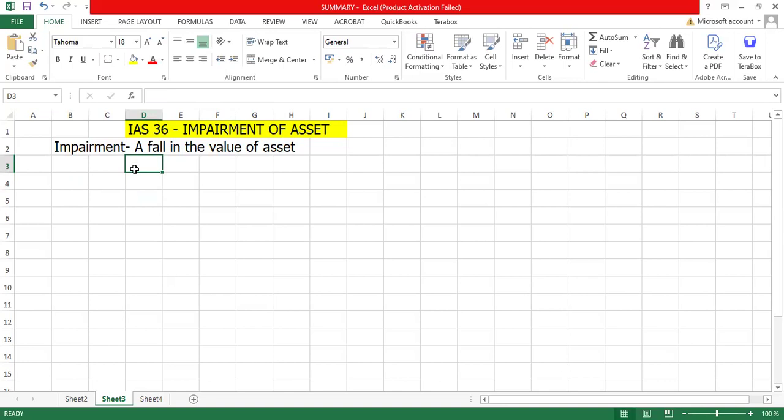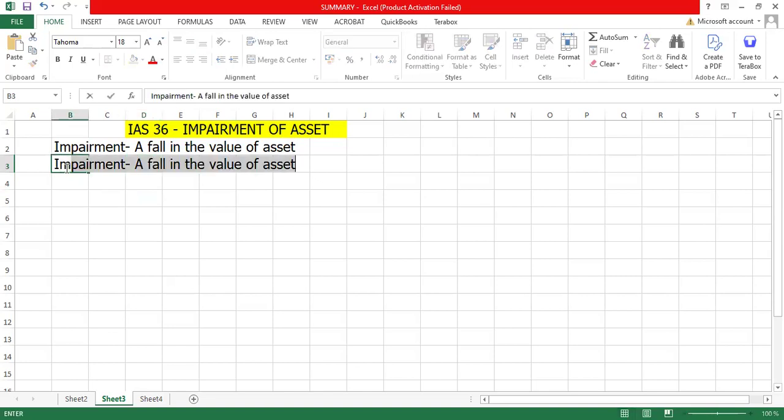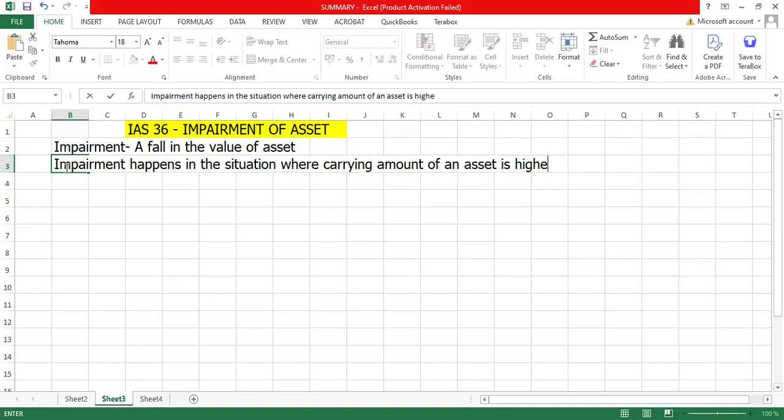Impairment happens in a situation where the carrying value of an asset is higher than the recoverable amount.